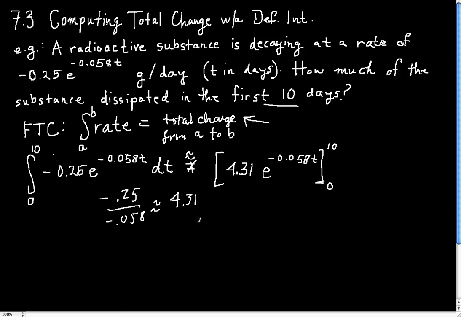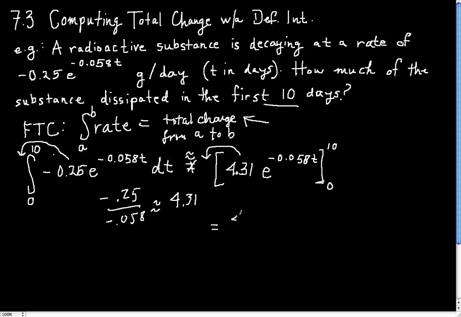Okay, and here's a trick when you're evaluating your antiderivative at an endpoint. If you have a common factor here, if you have a multiplicative factor, it can just come out, for the same reason that we could have just pulled this number out here in the first place.